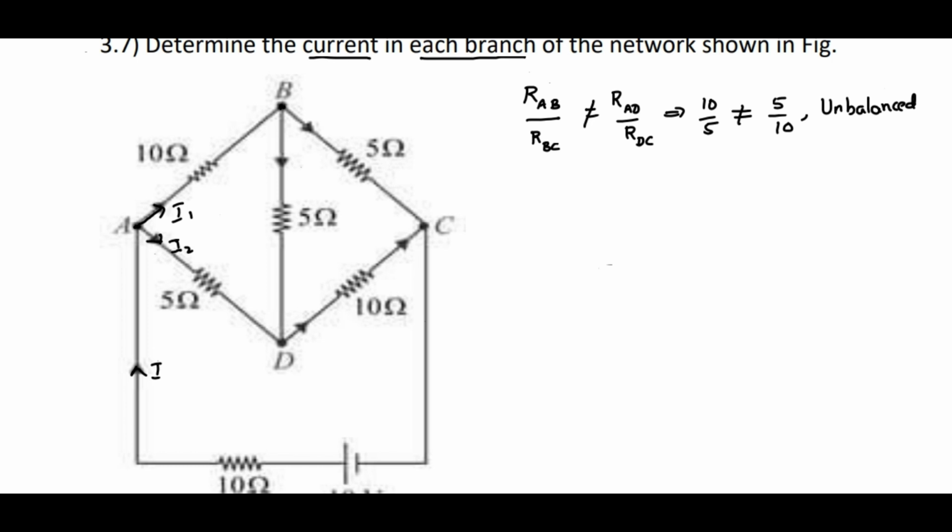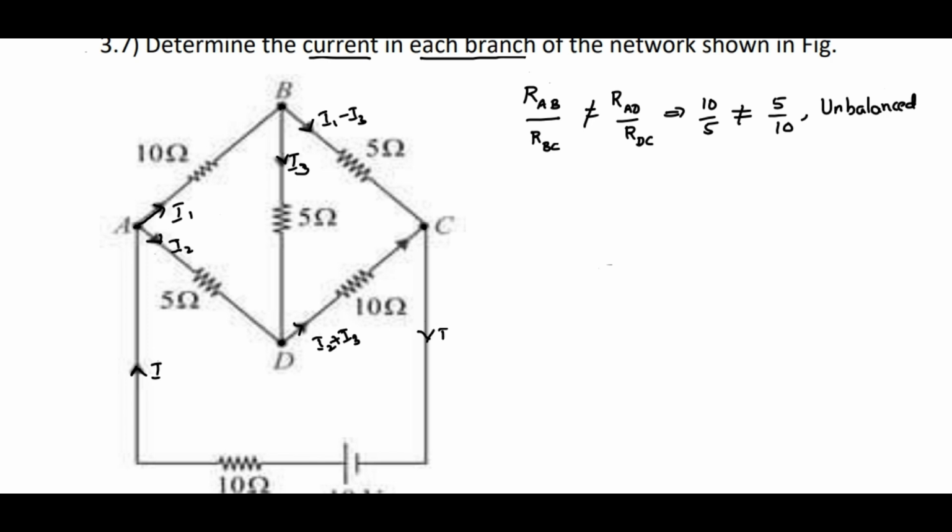And at junction B, this I1 splits into I3, which is moving from B to D, and the rest of the current, I1 minus I3, moves from B to C. At junction D, I2 and I3 combine together and I2 plus I3 moves from D to C. At C, I1 minus I3 and I2 plus I3 combine together.